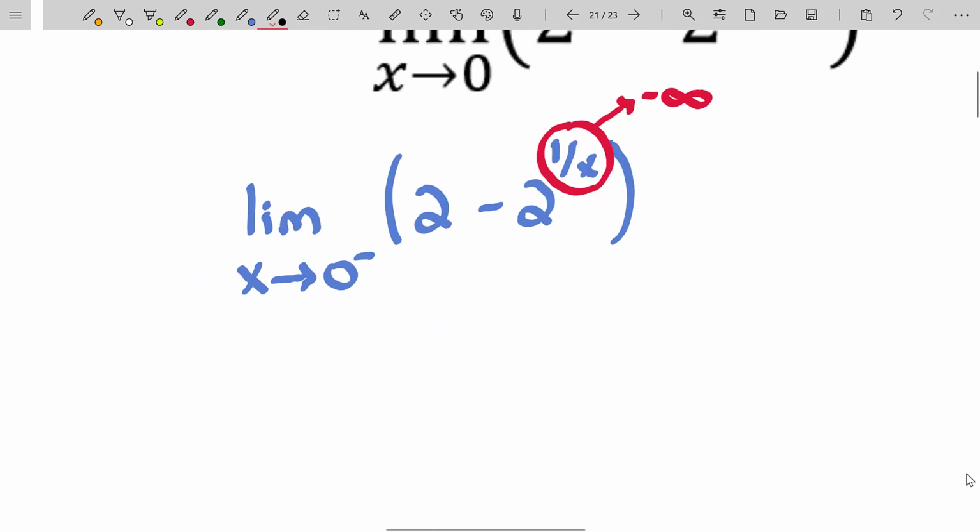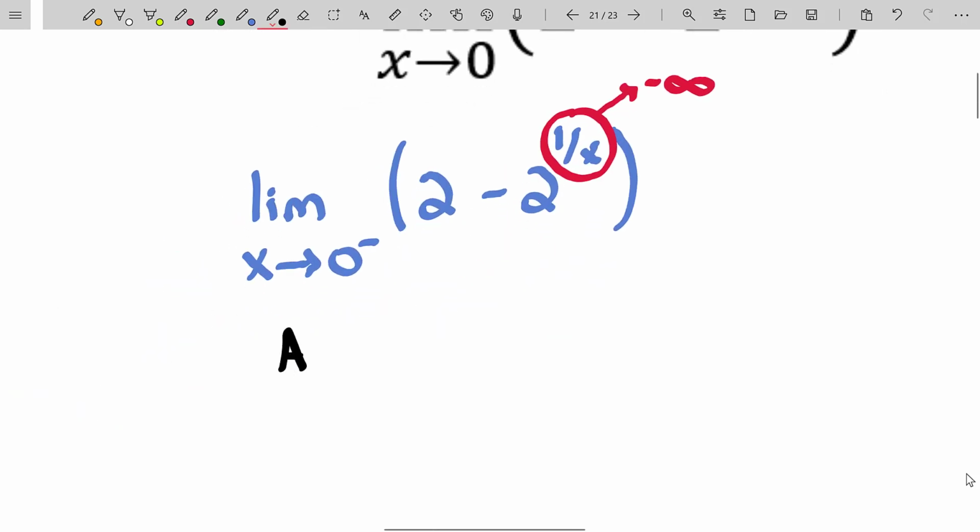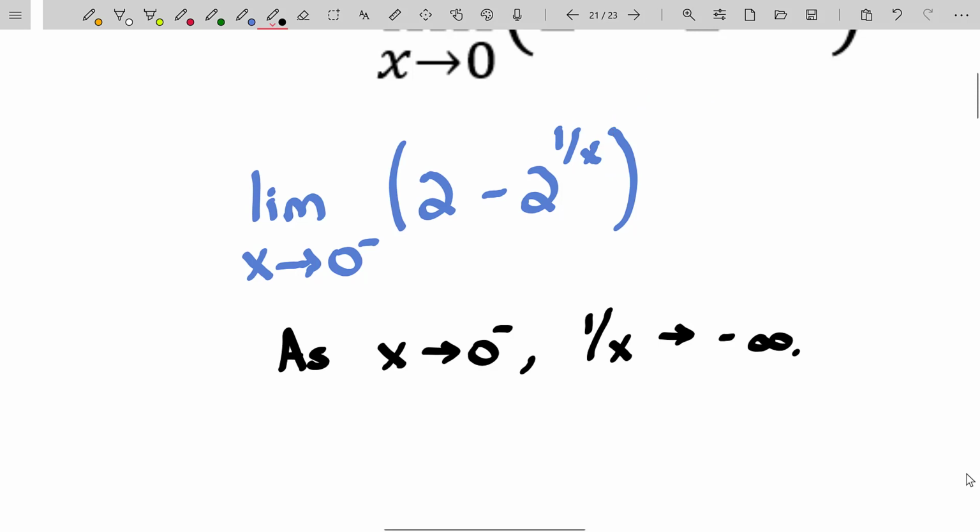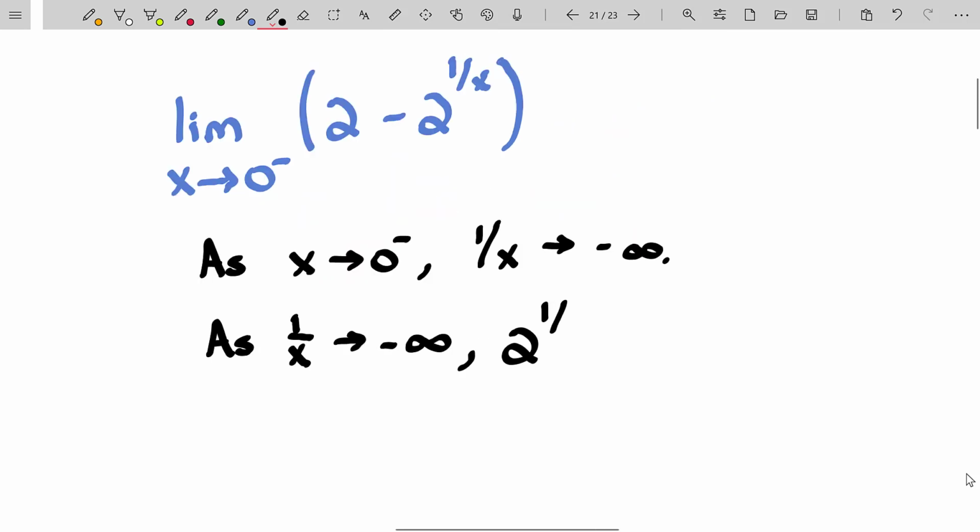Now you could be very rigorous with this. You could say as x is approaching 0 from the left, 1 over x is approaching negative infinity. Then you're going to zoom out and look at the 2 to the 1 over x. So as 1 over x is approaching negative infinity, 2 to the 1 over x is approaching, well, let's talk about this.